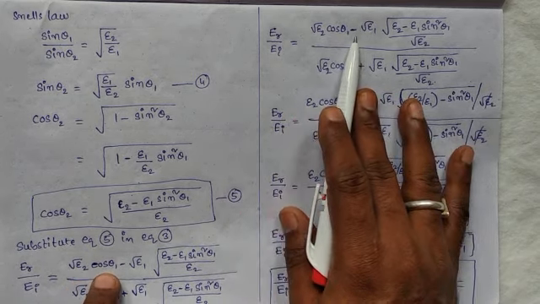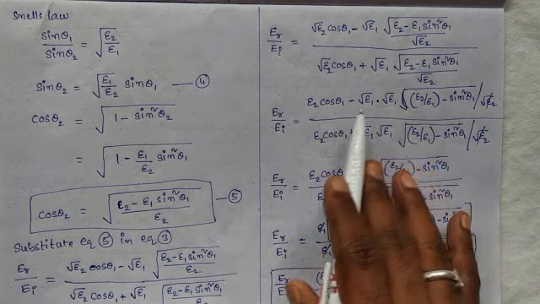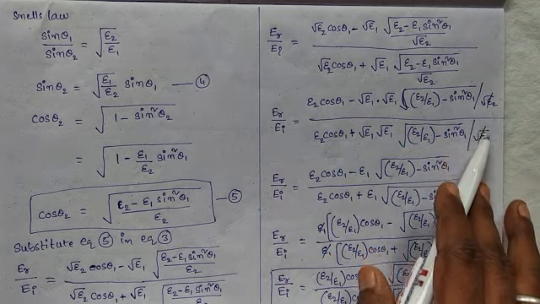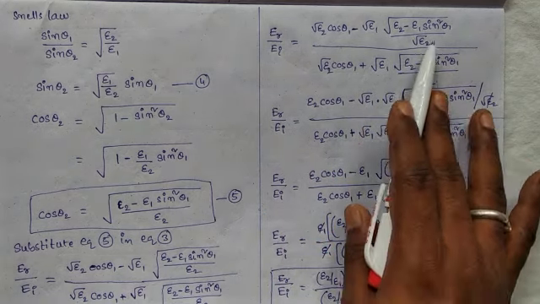ER by EI is equal to, we are performing the LCM here in the numerator and the denominator. Root epsilon 2 is the LCM for both the numerator and the denominator. Here this root epsilon 2 is multiplied with root epsilon 2. This is the first term, so root epsilon 2 into root epsilon 2 is what?